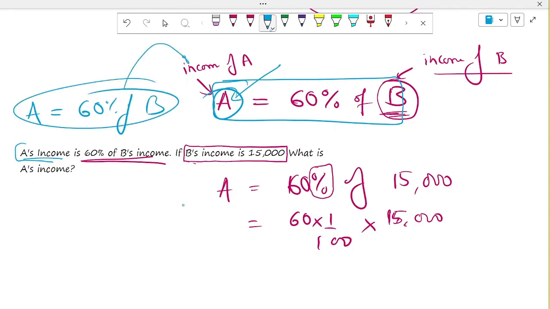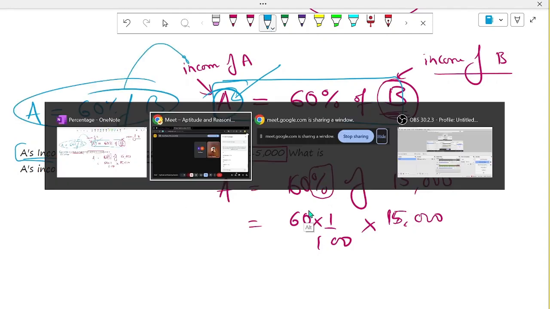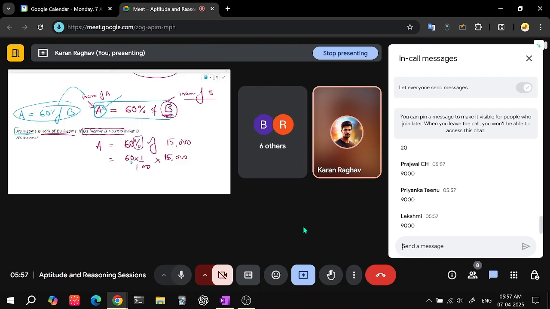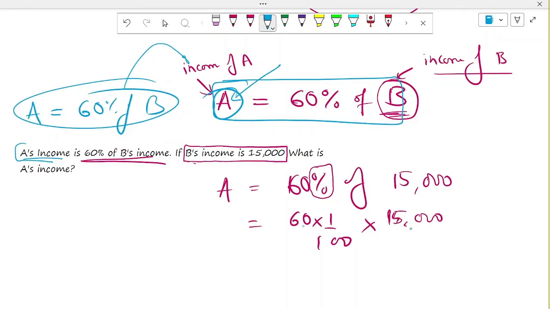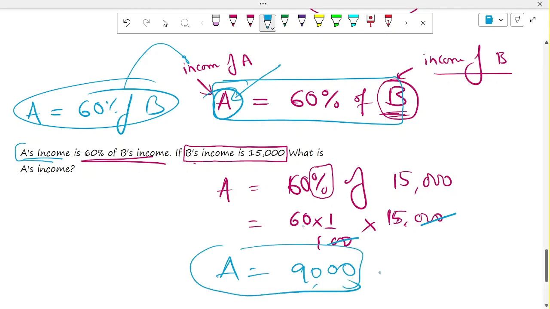If you can write this properly, then you will be able to find the answer in such questions. And the questions are of this type only. So I got 9,000. 15,000 cancelled. So 15 6s are 90, then 00. So A's income is how much? 9,000. Right?